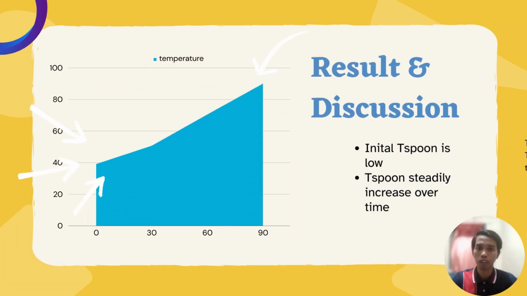You can see on the graph that at the beginning of the experiment, the temperature of the spoon was relatively low as the spoon absorbed the initial radiant heat.